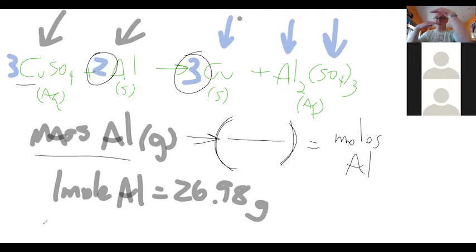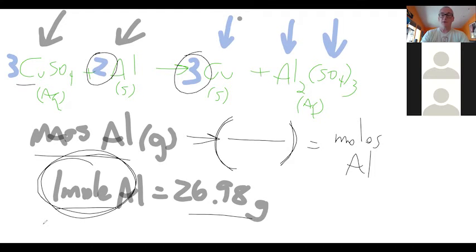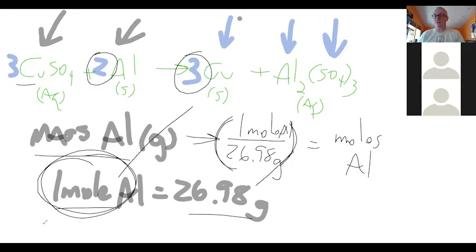Whatever's in the numerator has to equal what's in the denominator, so that it's equal. 1 mole is equal to around 27 grams. I want moles, so I'm going to put moles on the top. So 1 mole of aluminum is equivalent to 26.98 grams. Then you take your initial mass of aluminum, you cancel out grams when you multiply by 1 over 26.98, and then you get moles of aluminum.